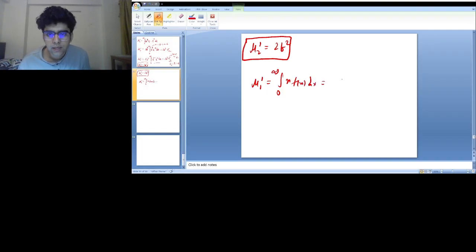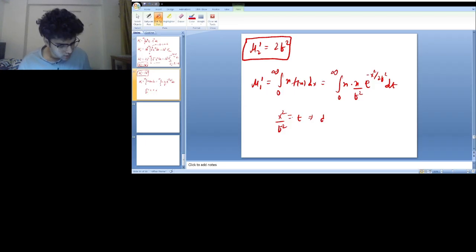Now my x here is x into my fx, which is x upon b square e to the power minus x square by 2b square dx from 0 to infinity, substituting x square upon 2b square as t.